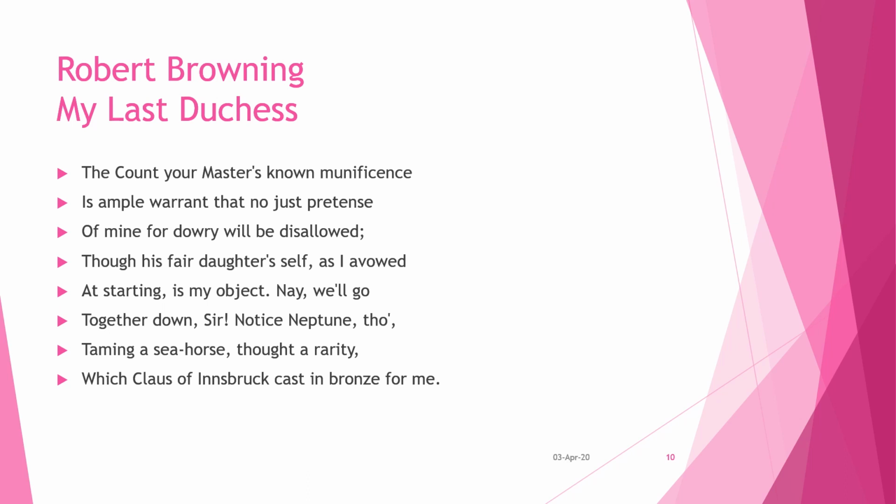He wanted to marry the Count's daughter, but before marrying her, he wanted to make sure that he would be paid enough money. He would obtain a good dowry from the Count. So the father of the bride is the one that gave the groom a dowry.